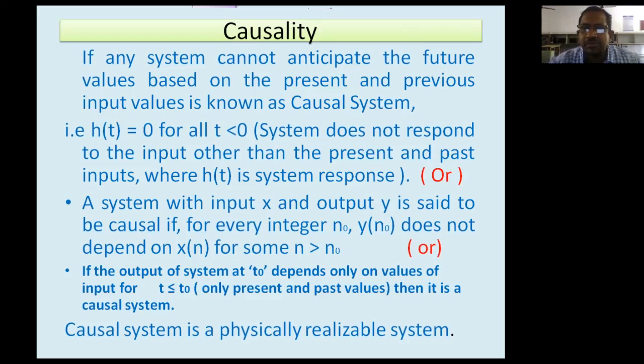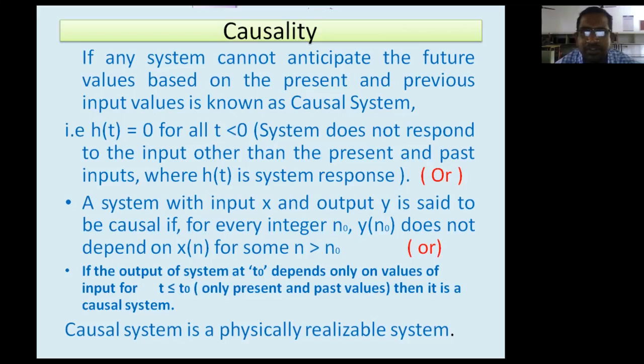So the system is going to start its response from t equal to 0, and it is going to give responses for the inputs at t equal to t1, t2, t3, and so on. For example, if you stop at t equal to t4, then that system gives a response only for the inputs from t equal to 0 to t equal to t4.